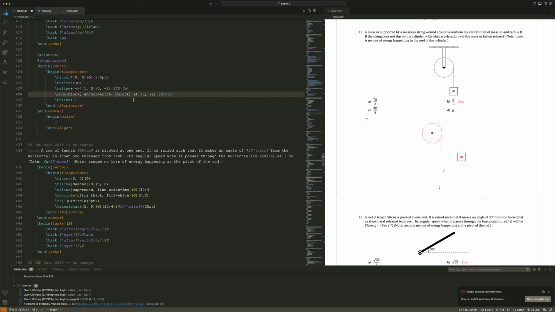Oh, I think I have to stop. Let's continue for 4. Block dot north, and then from there we can move to a unit, and then we can put tension on this side with the arrow. And one more thing I have to do is block.